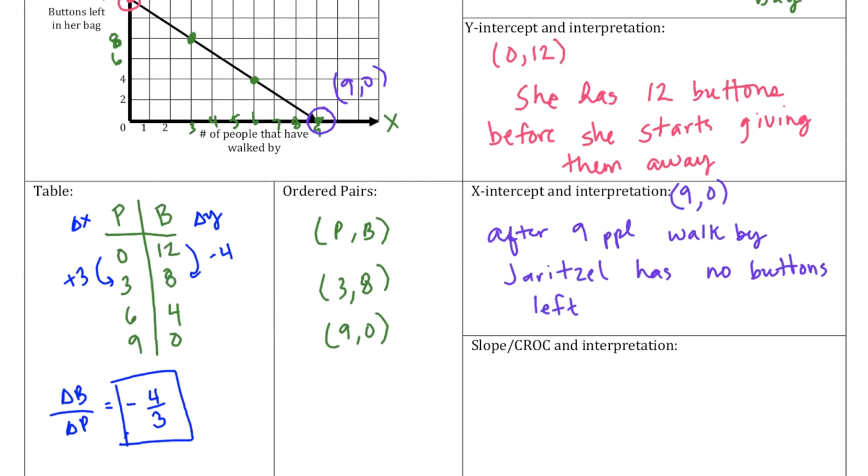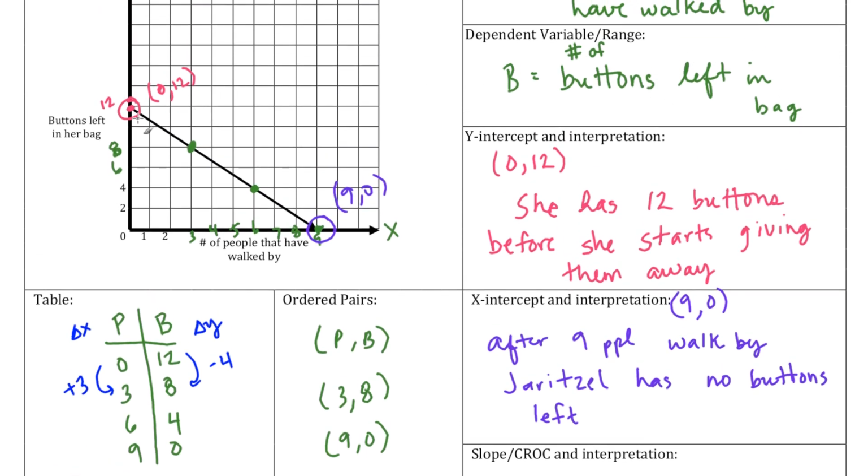But you can also do it from the graph. It looks deceiving here, right? It looks like you go down 2, right 3, but remember, these count by 2s. So this is actually down 4, even though it's 2 spaces.